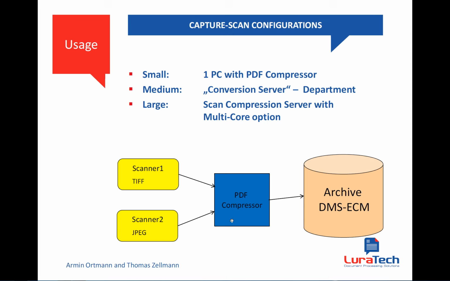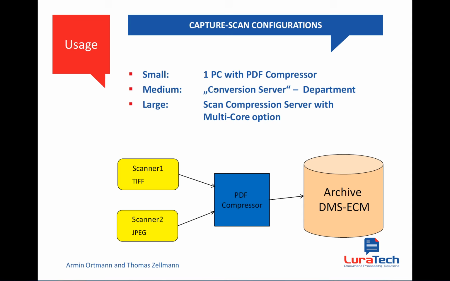Then PDF Compressor is typically the next step in the workflow and does all the things which Armin showed us, and then there's more processing in the workflow until at the end it goes into the archive or document management system.